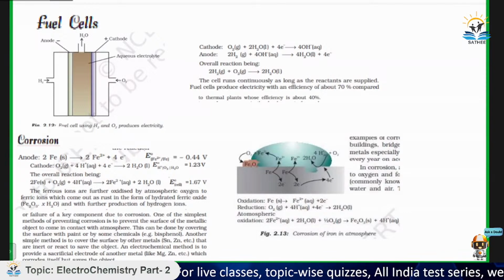Due to the O2 in the atmosphere, when Fe and H2O come in contact, your iron rusts. Fe2O3 is your rust. Anode reaction: Fe to Fe plus 2. Cathode: O2 to H2O. Atmosphere: Fe plus 2 to Fe plus 3.